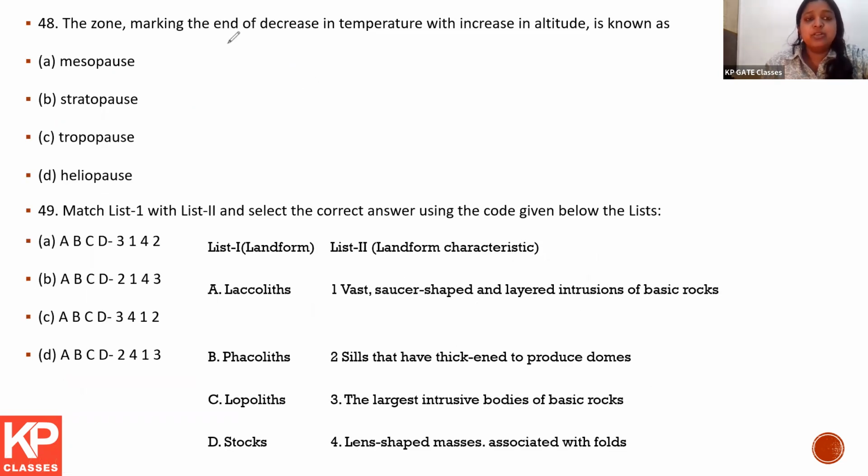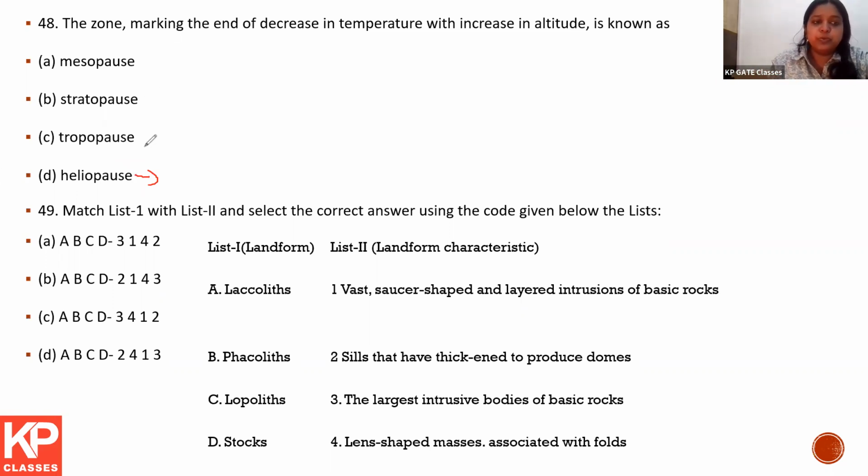Next one: the zone marking the end of decrease in temperature with increase in altitude. Here we know that the heliopause is not related to Earth. It is a zone around the Sun, so it does not have any relationship here.